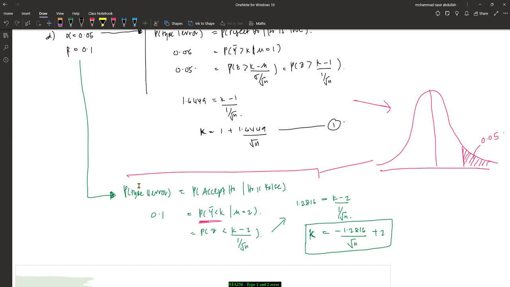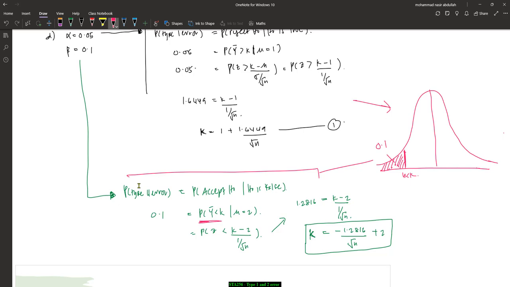For the second one, we are looking at less than, so it will not sit on this side, it will sit on this side. So this is y less than k, which is 0.1.